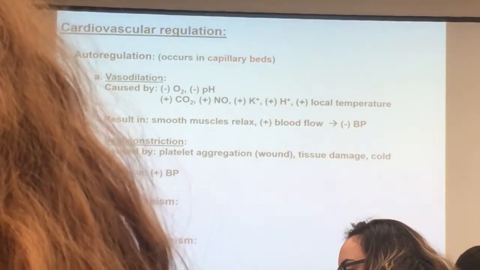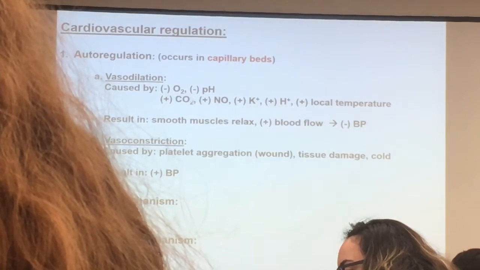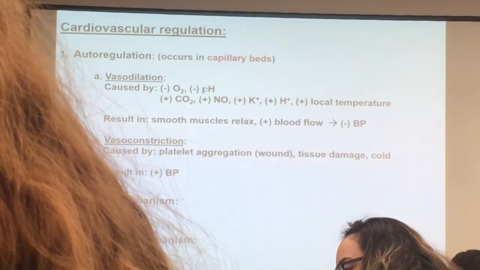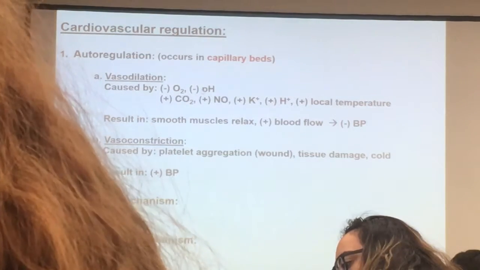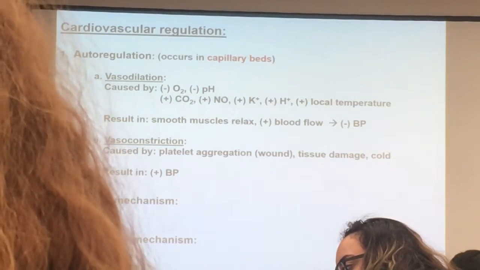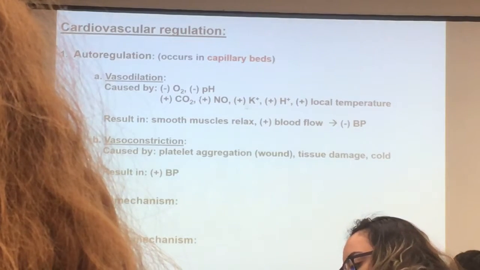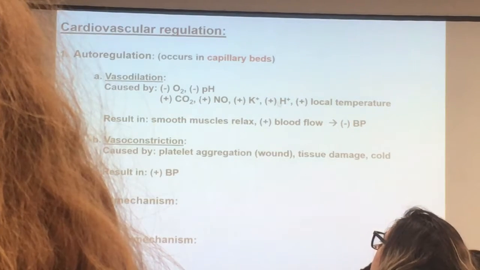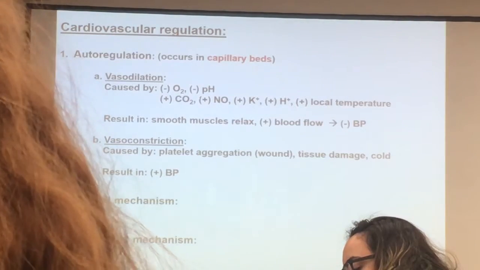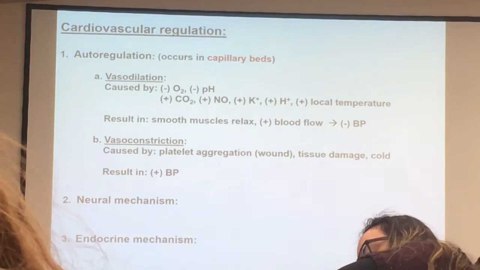Vasodilation, we accumulate blood there. How we accumulate is because majorly we increase CO2. Too much acid, so pH value decreases. Too little oxygen, and too much nitric oxide. Too much potassium, hydrogen ion as waste.